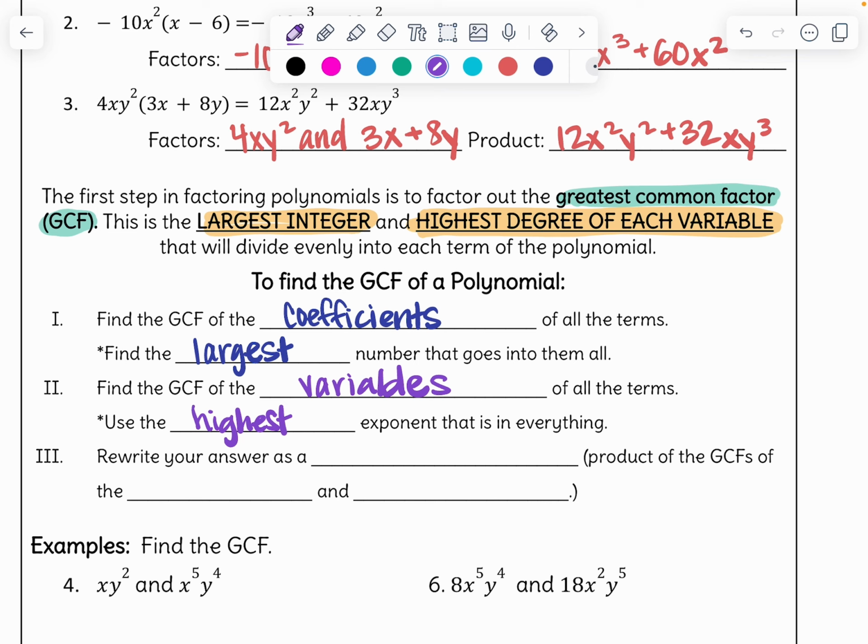I'm sorry, that is not true. Let me redo that. The greatest common factor of the variables of all the terms, you're going to actually use the smallest exponent. So when we talk up here, where I highlighted in yellow, the highest degree of each variable that will divide evenly into each term, which is going to end up being the smallest exponent that's in each of the terms.